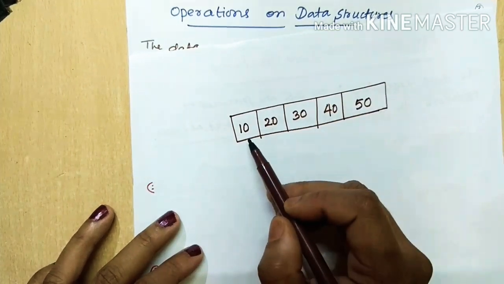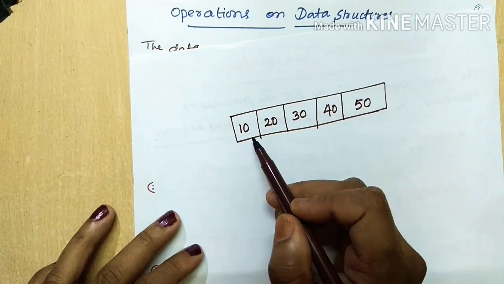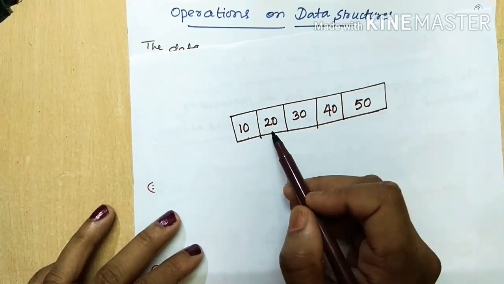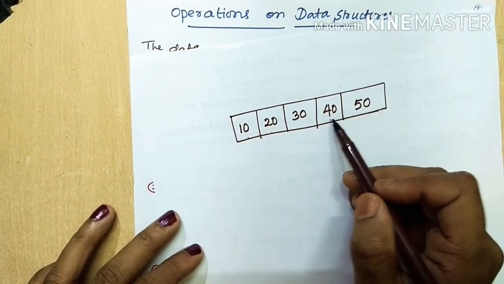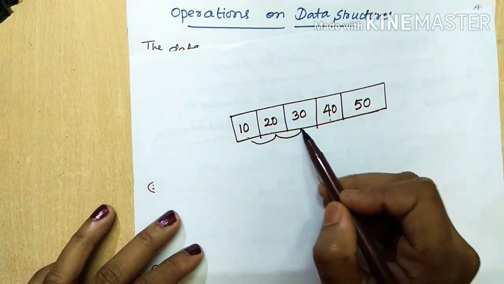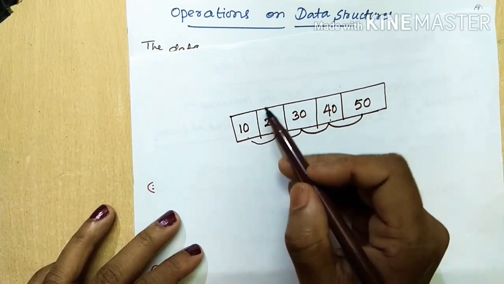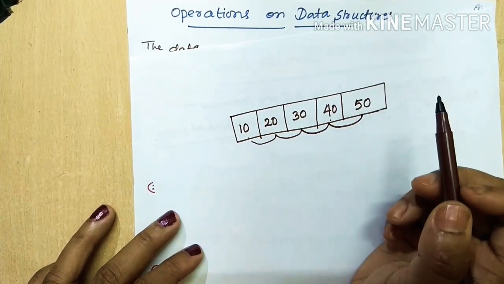See, I inserted the values 10, 20, 30, 40, 50, one after another in the memory location. This process is called writing.